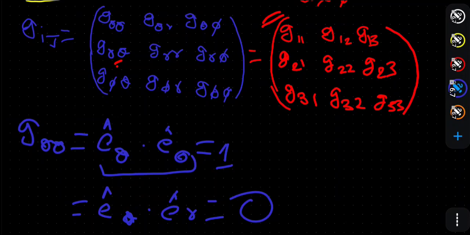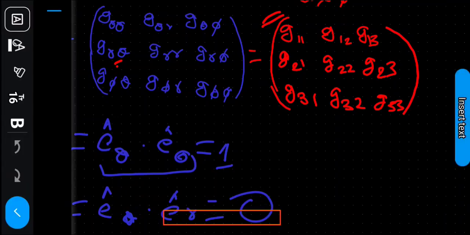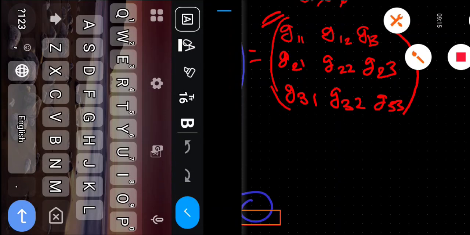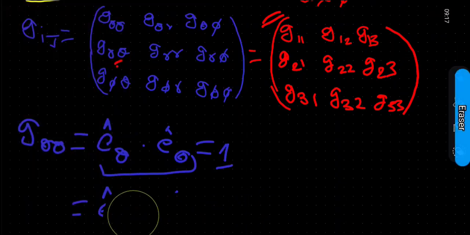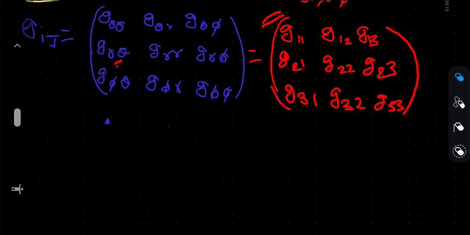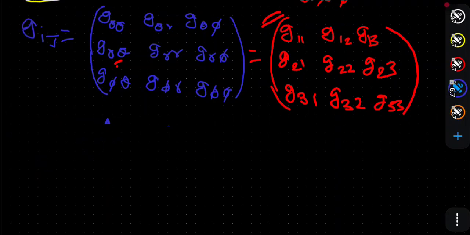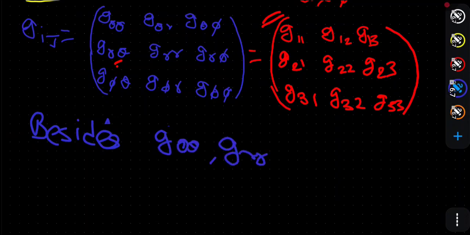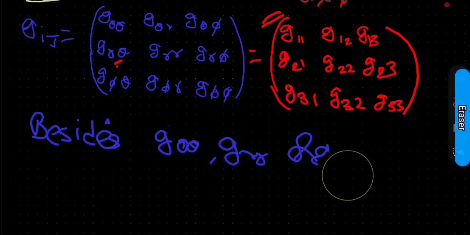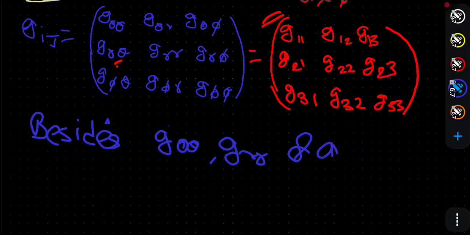Let me write this here. Besides g theta theta, g rr and g phi phi, this is not theta, okay, this is phi. Let me write this clearly because you will get confused.